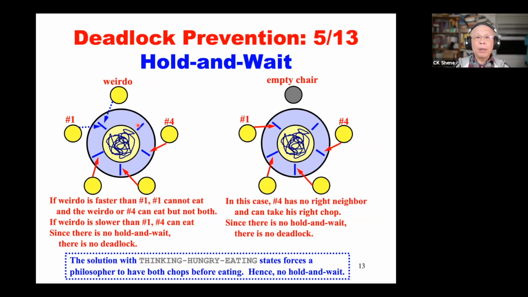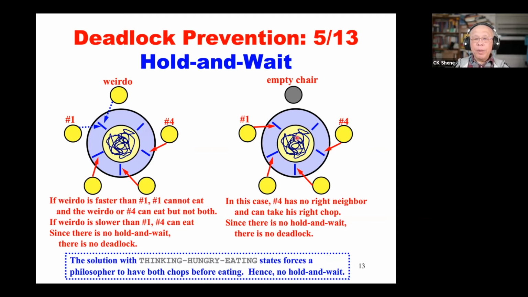So depending on whether the weirdo is faster than number 4, the weirdo can eat. If the weirdo is slower, number 4 can eat. So we break the hold and wait cycle. There is always a process that does not follow hold and wait.